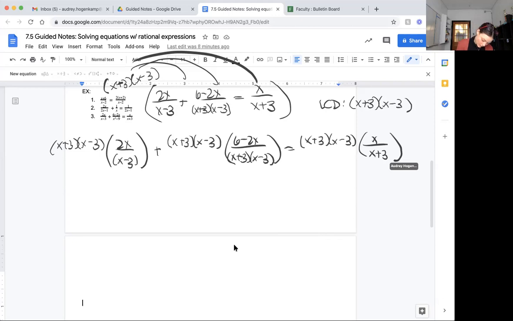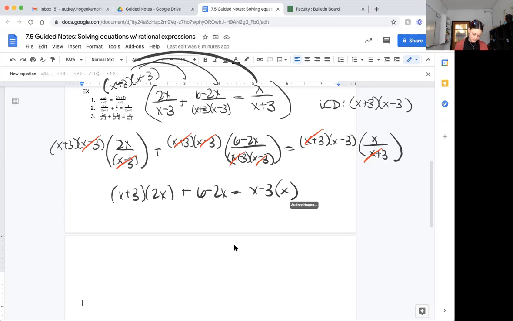I hope you have a lot of paper for these type of problems. Okay, and now conveniently, the denominators go away. And now we're going to be left with x plus 3 times 2x plus 6 minus 2x equals x minus 3 times x. Okay, and now it's just down to some good nitty-gritty algebra.